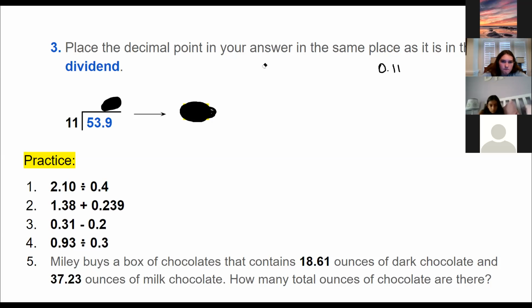So which one do you want me to do next? 0.93 divided by 0.3.